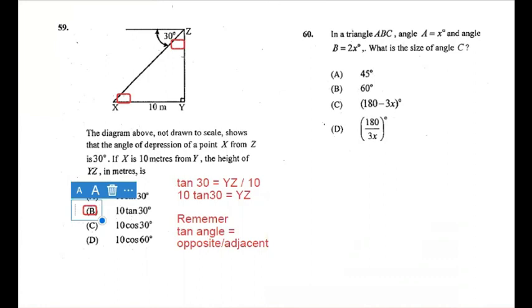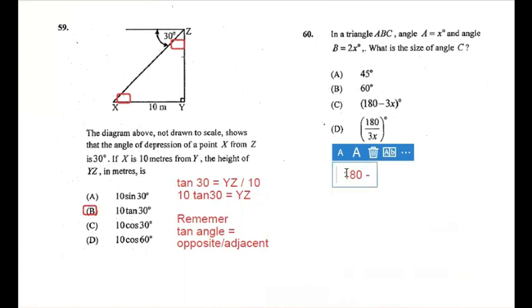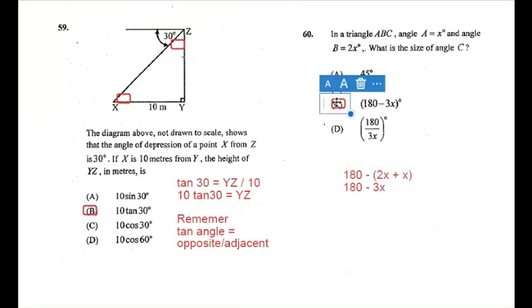So to get the missing angle, it would be 180 degrees minus the 2x plus the x, and that would be 180 degrees minus 3x. This resembles C, and that is our answer.